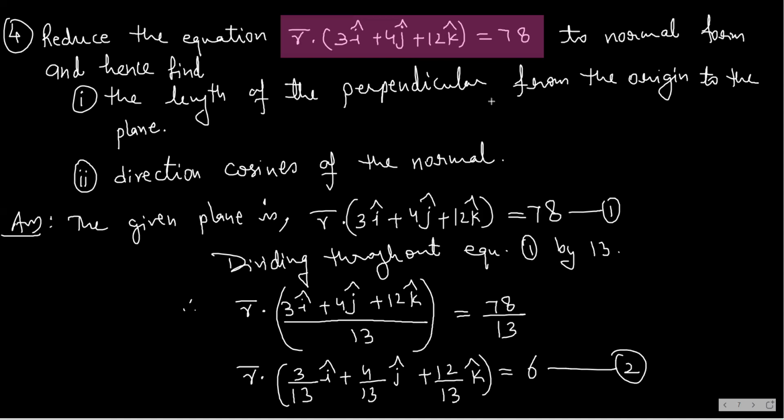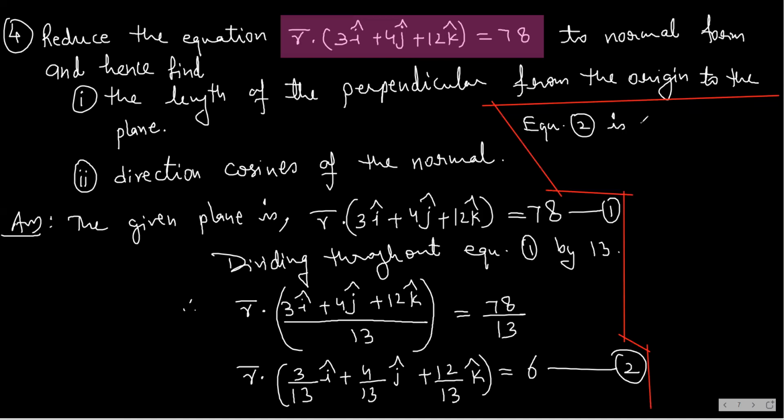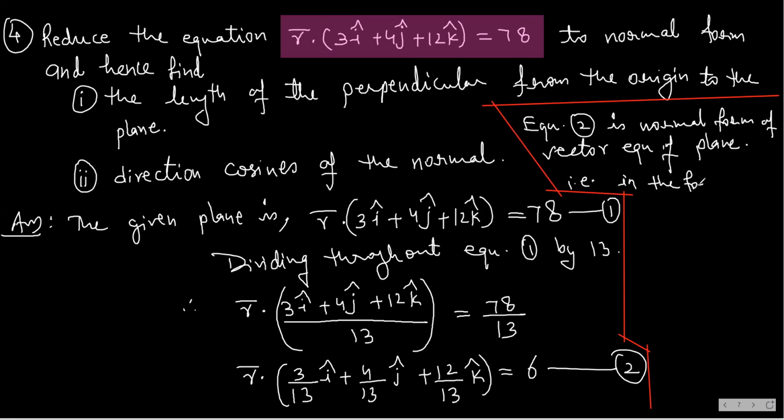So here I write: equation 2 is the normal form of the vector equation of the plane, that is, in the form r bar dot n cap equals p.